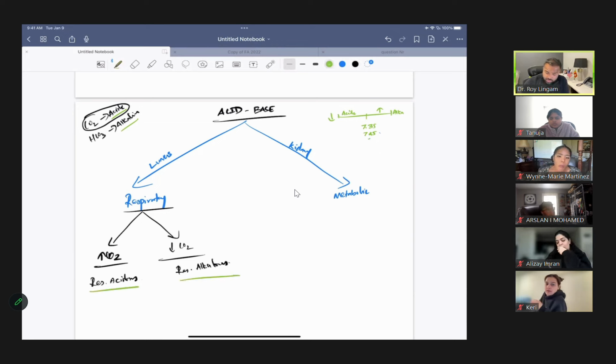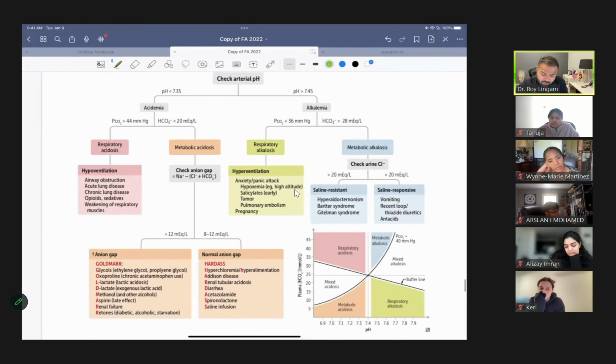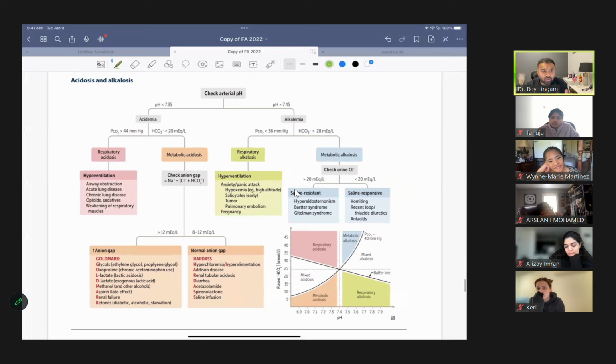Everybody clear, folks? Now the next question comes, what causes this? What causes increased carbon dioxide? Anything that makes you breathe less, hypoventilation, will cause respiratory acidosis. Now, in this book, you have acid base here, right? I don't like this method, okay? This is too roundabout, but I would use this.